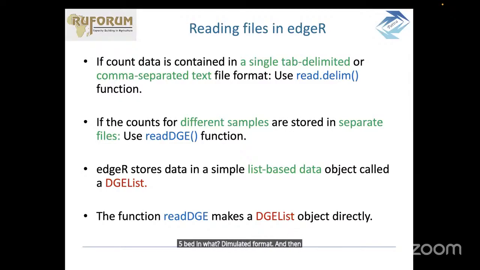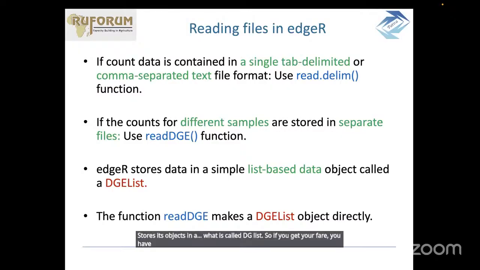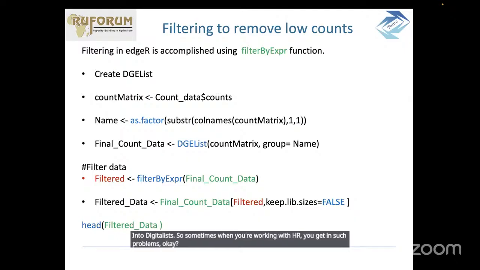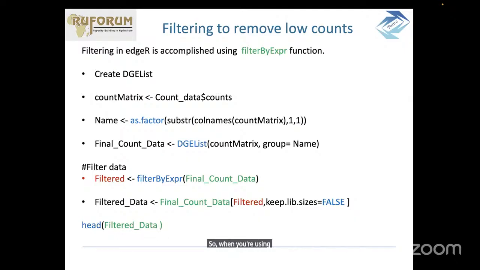And then edgeR also stores its objects in what is called a DGEList. So if you get your file, you have to convert that into a DGEList. Sometimes when you're working with edgeR, you get such problems, okay? When you're using edgeR, it helps you remove those counts that maybe are missing or that are very low. And the end product is the count matrix, okay?